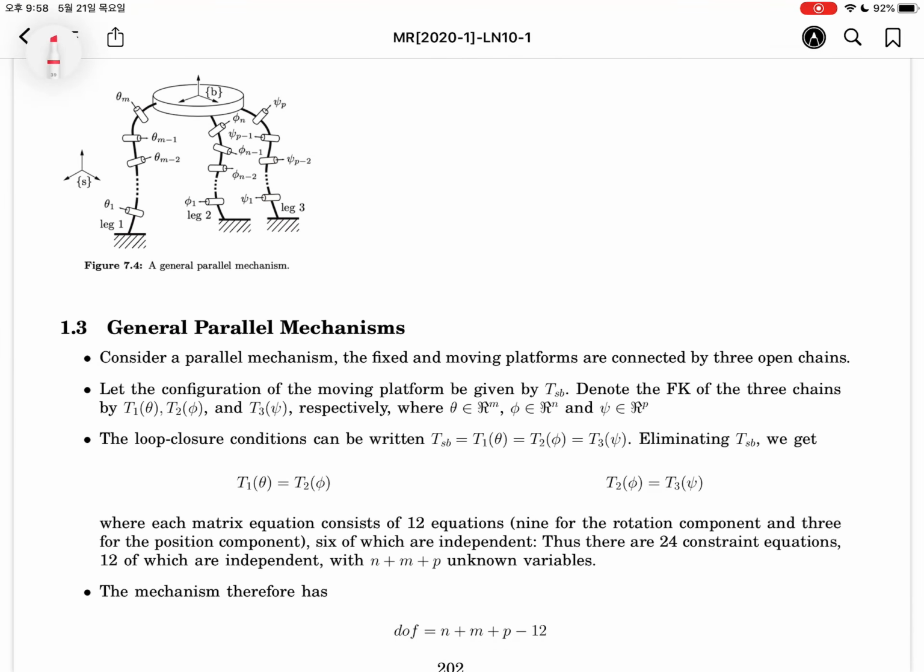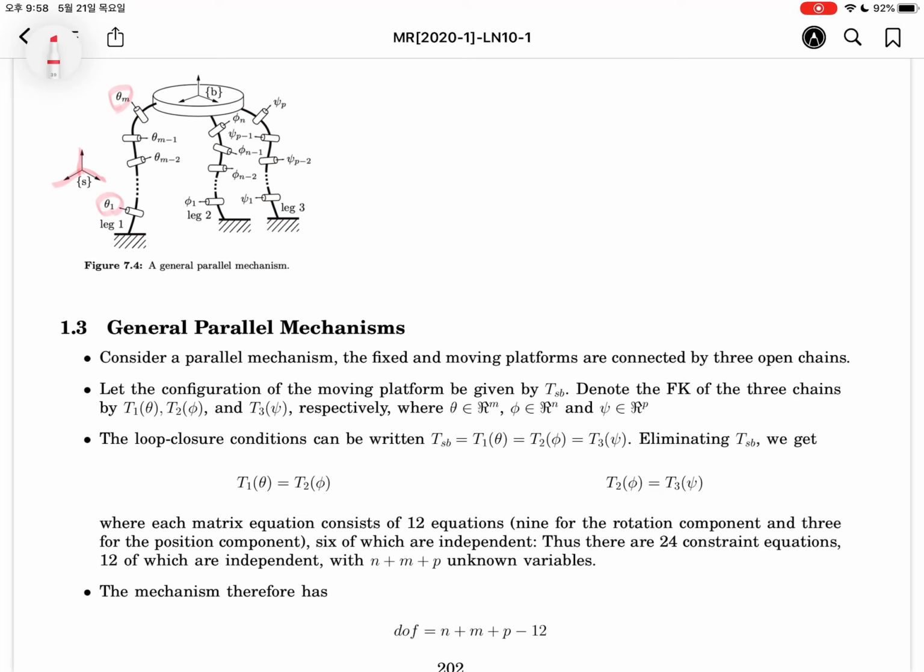Okay, let's extend this kind of concept to the general parallel mechanism. Here the fixed frame is attached to the ground, and leg 1 has theta 1 through theta m. M joints are applied, but we don't know which ones are active and which are passive.